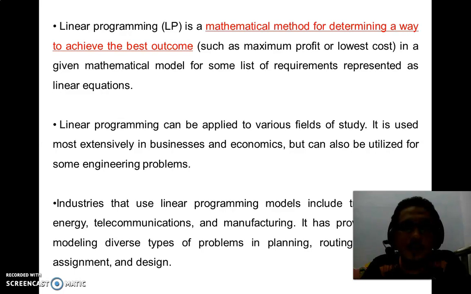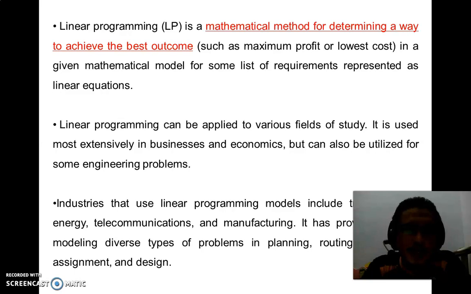For linear programming, we only have two models: the maximise model or the minimise model. In a given mathematical model, the requirements are represented as linear equations. That means in some situations, we need to convert the situation into a mathematical model. Linear programming can be applied anywhere in any field of study, not only in manufacturing.